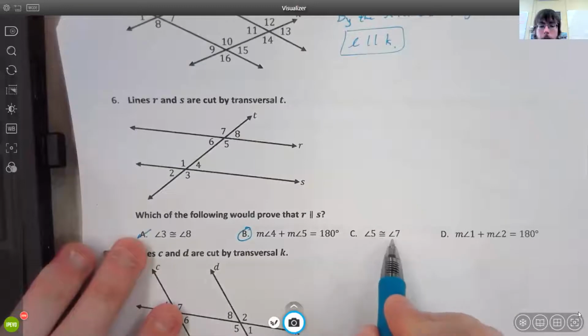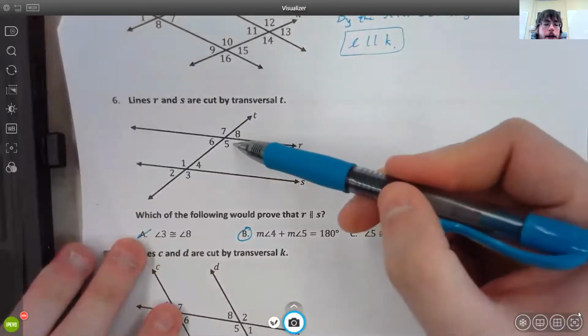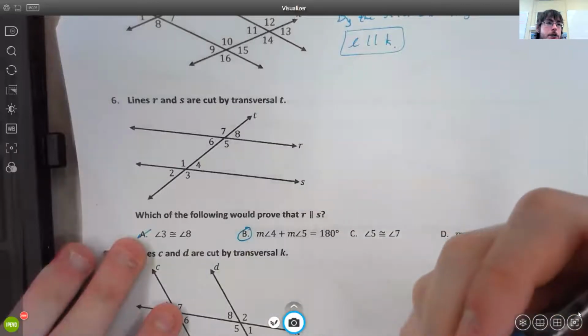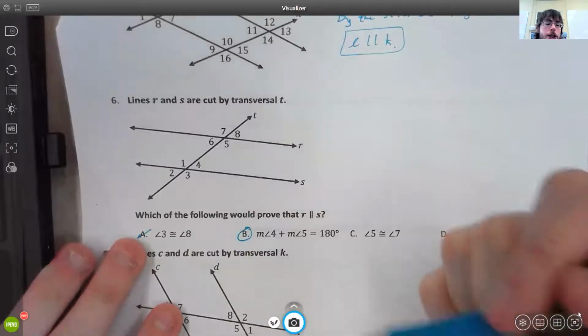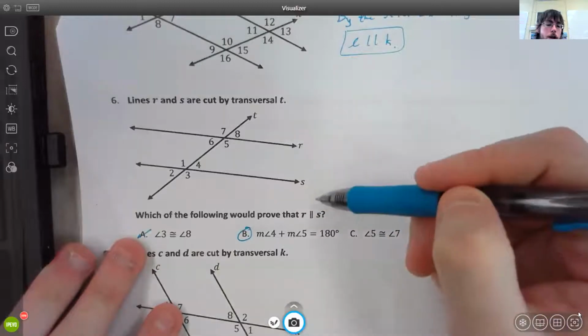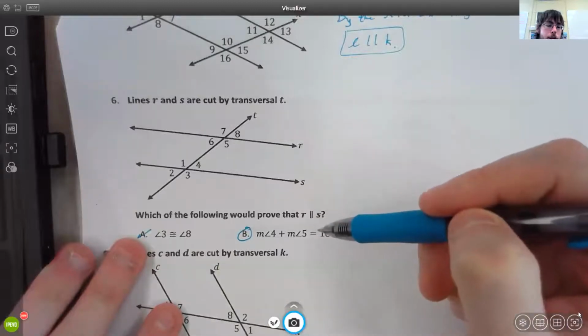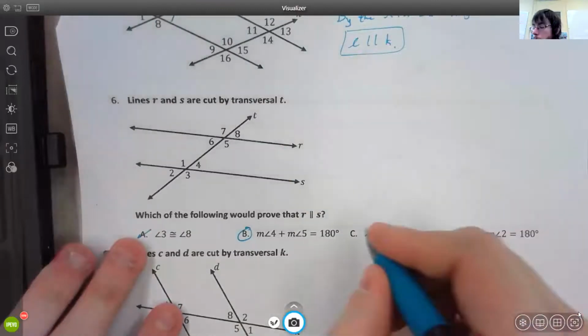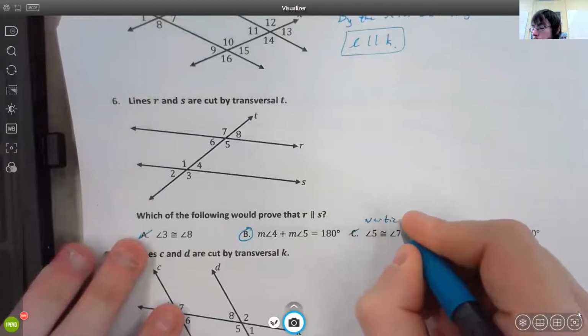So let's look at angle 5 and angle 7. Angle 5 and angle 7 are vertical angles. When you identify that something is a vertical angle pair, you can stop because that will not prove that R is parallel to S. Okay? Vertical angles are always congruent no matter what. So these are vertical, so they can't be used.